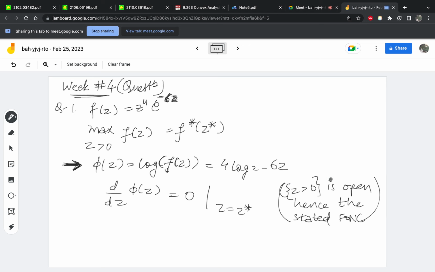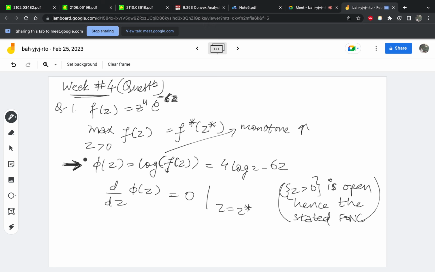Yes, I couldn't get the idea, so I got it now. The idea was to simplify it and then appeal to the fact that because this is monotone increasing, both problems are equivalent in terms of solutions. Except if you want to find the optimal value, you might have to apply that log.